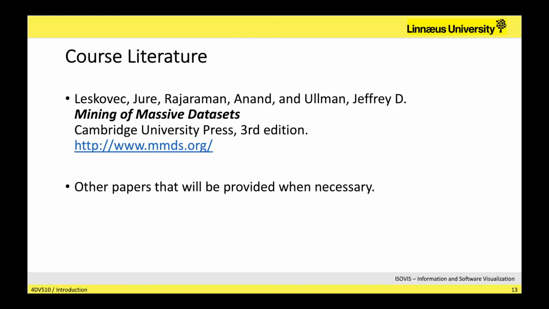When it comes to the examination in the end, I will give you, as far in advance as I can, the actual sections from each chapter that are the most important for you to read, because I'm also going to add some other stuff that's not in the book. So I'm going to juggle this. You're going to read a little bit from the book, and then a little bit from a couple of actual papers that represent the state of the art in a slightly better way than the book.